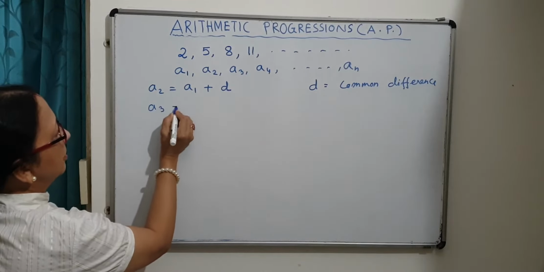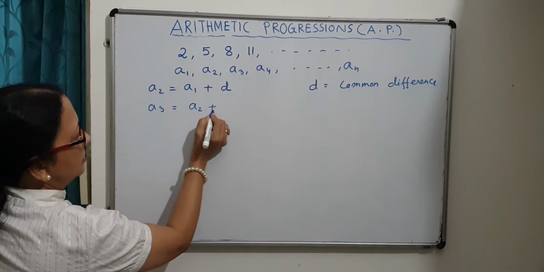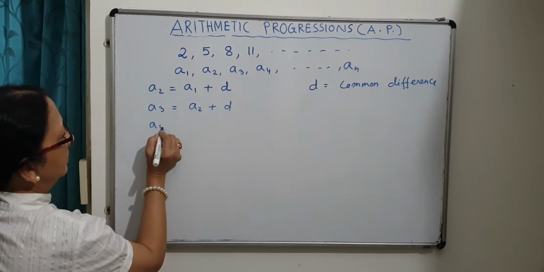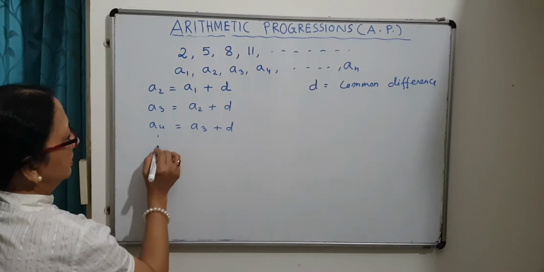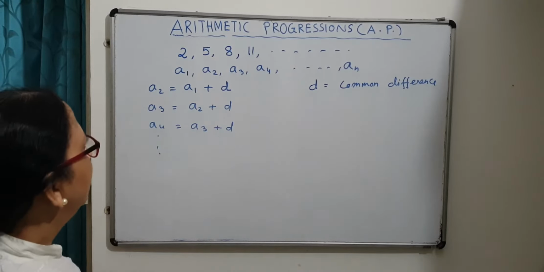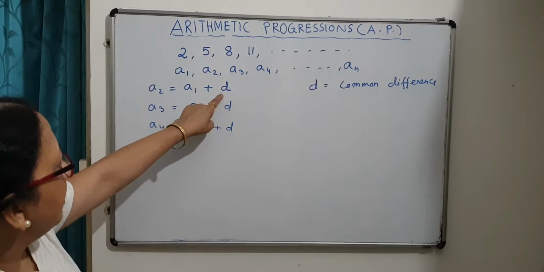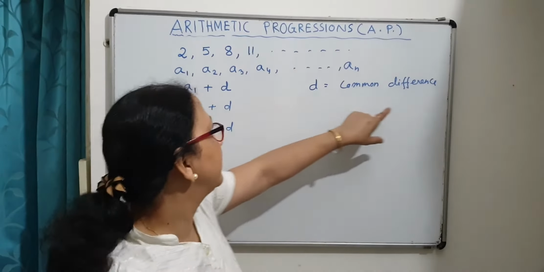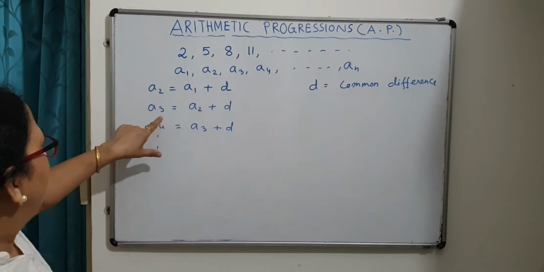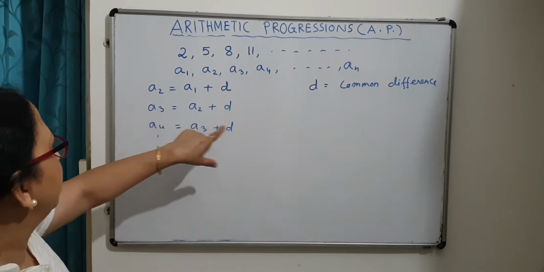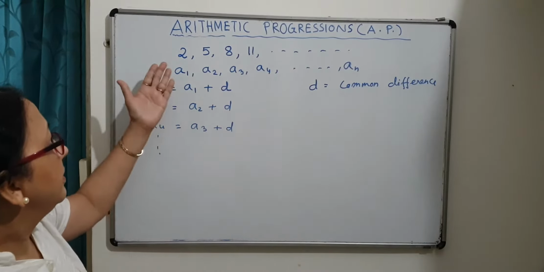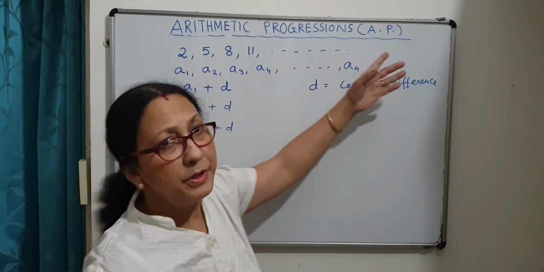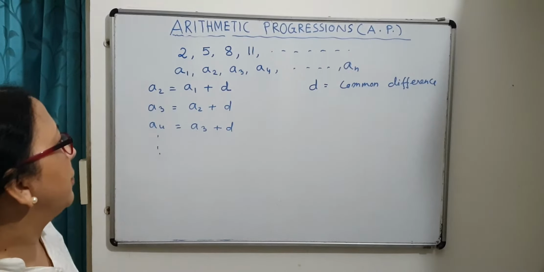Then the third term is obtained as A2 plus D, the fourth term A3 plus D, and in this way it will go. So I am adding a fixed amount, the common difference, to a term to get the next term. This is the speciality of the arithmetic progression.